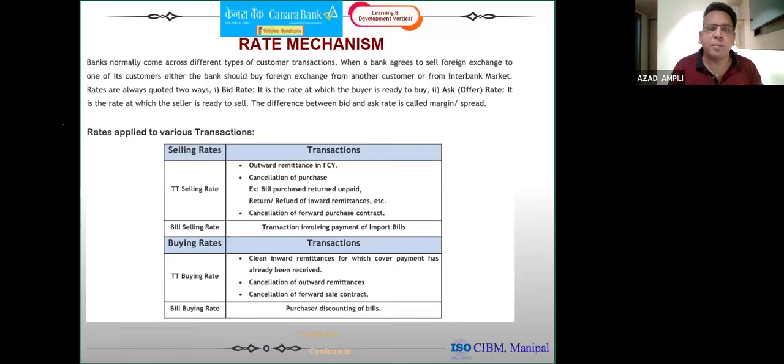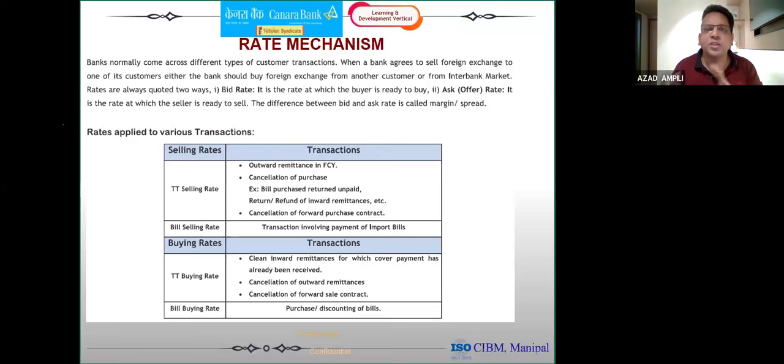Somebody got an inward remittance. He has foreign currency, and he wants to sell it because he wants INR. So in this kind of transaction, we are buying. Where we are buying foreign currency, such transactions are purchase transactions. Where we are selling foreign currency, such transactions are sale transactions. We should have this clarity.